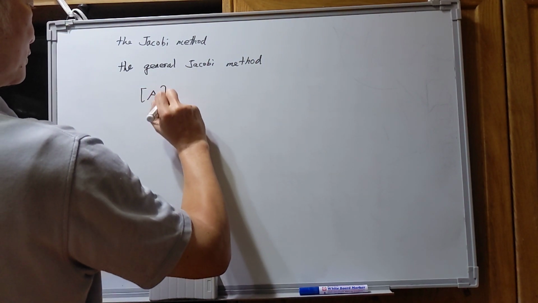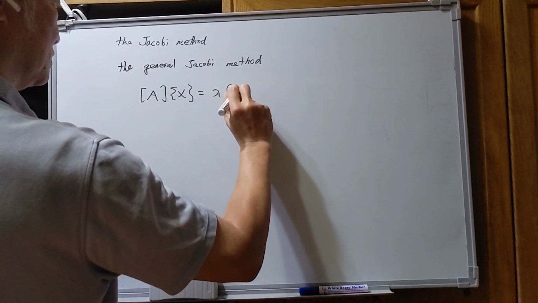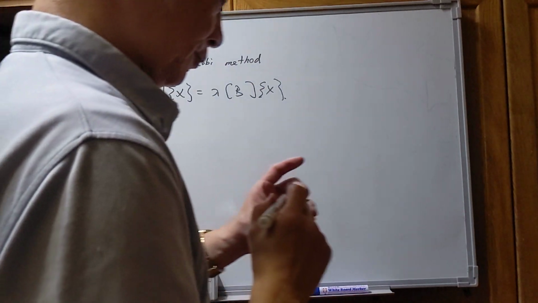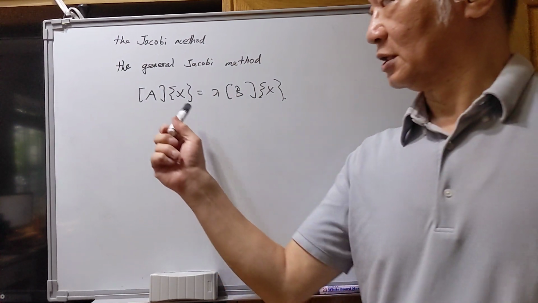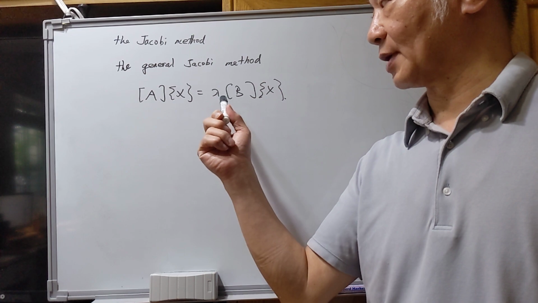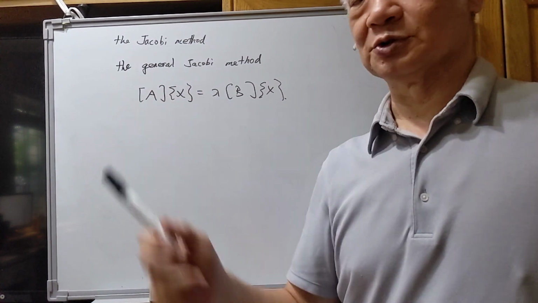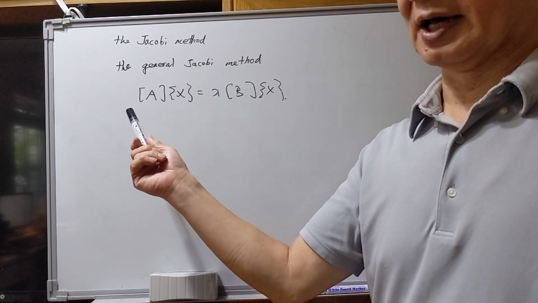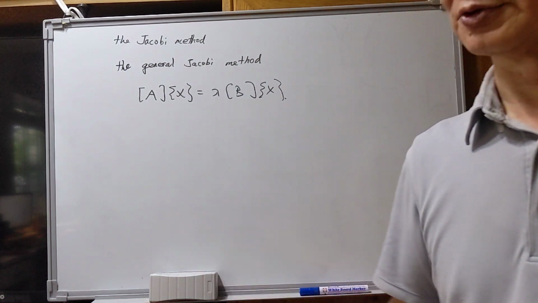So if we have Ax = lambda Bx, for the general eigenvalue problems, the right hand side is lambda Bx, and the left hand side is Ax. We have not only the A matrix on the left hand side, we also have the B matrix on the right hand side.